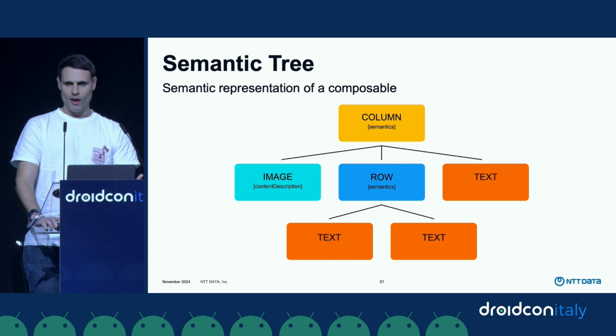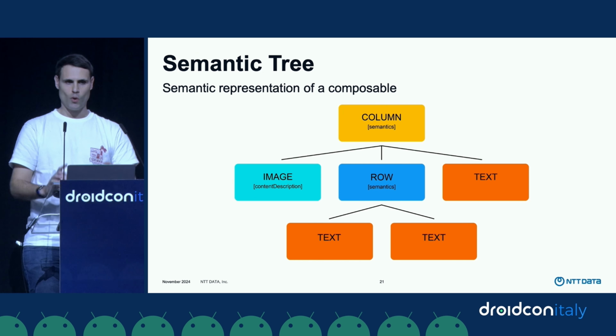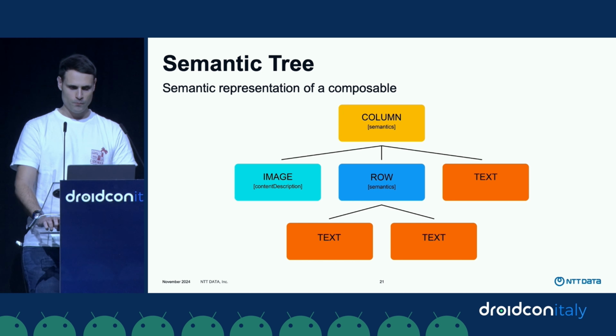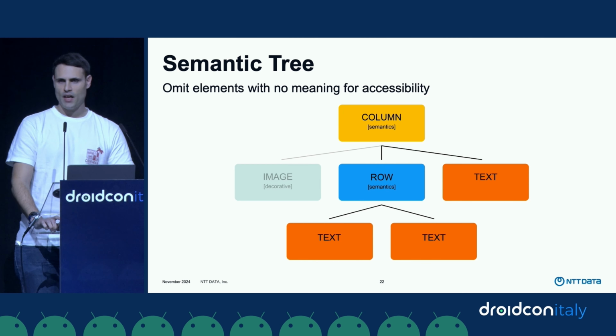So we arrive here, and you might ask yourself why we don't have just one tree with both the visual information and the semantic information. And actually, we don't.